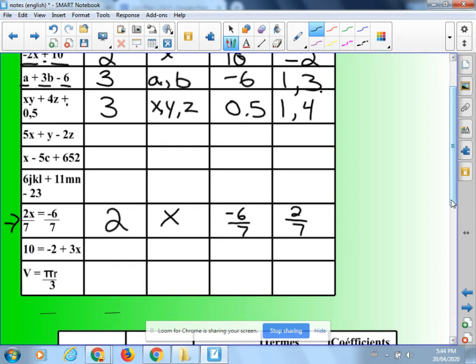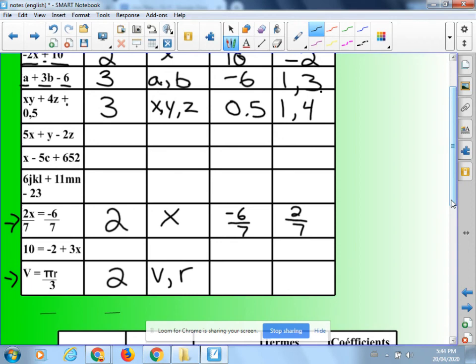And if I did the very last one, terms, once again, it's separated by 2 things, so I have 2 terms. My variables, this time I have a V and I have an R. My coefficients, so next to the V, there is, am I doing coefficient? No, I'm doing constants.